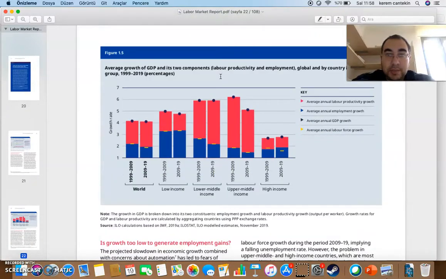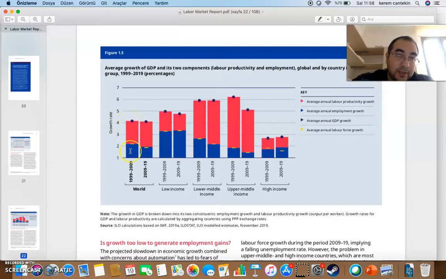Okay. And this is an interesting table. You can see the productivity growth in different countries. I mean, what is the source of growth? Basically, in the world, between 1999 and 2009, there has been a 4% growth.